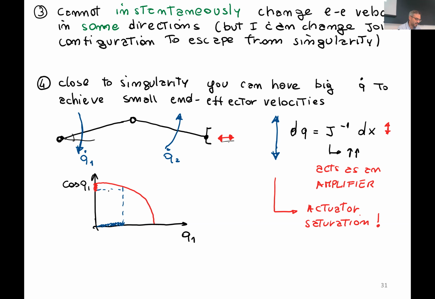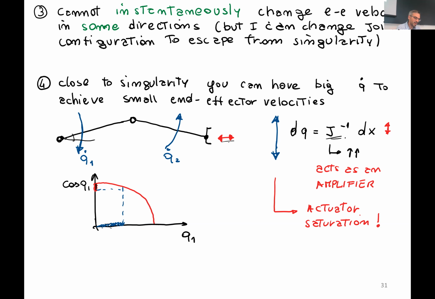And for a big range of Q1, the cosine changes quite little. This means that you have big motion of the joints to realize small linear motion in this direction of the end effector. And this is due to the fact, for example, that the Jacobian inverse is close to getting singular.